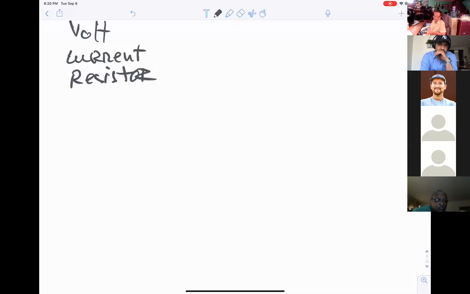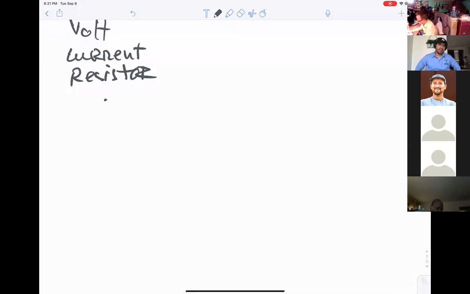Current, the same thing. It can be ampere, milliamp, microamp or kiloamp. Normally you have to deal with this: if I get 5 ampere, A means ampere, I want to know how many that equals in milliamp.